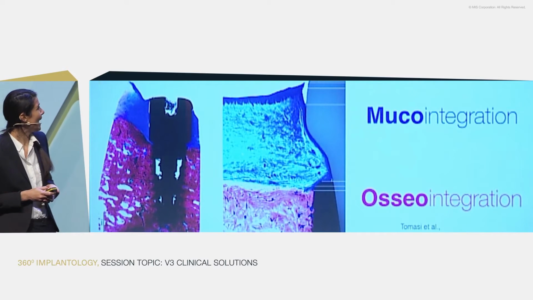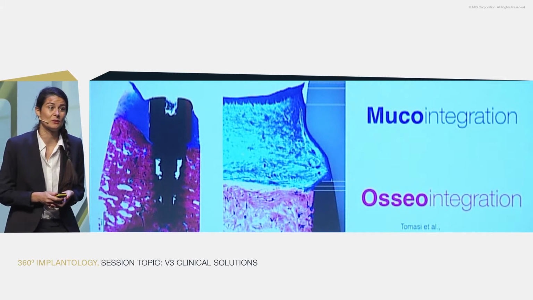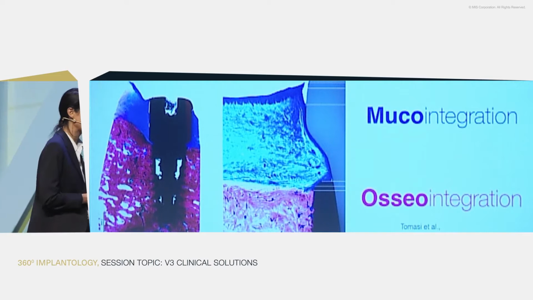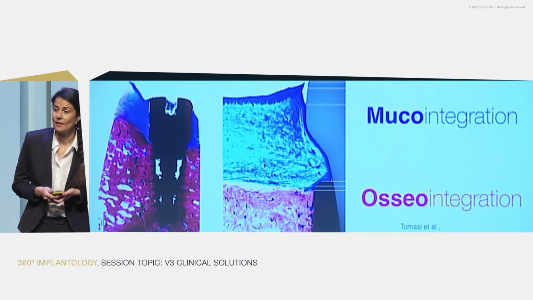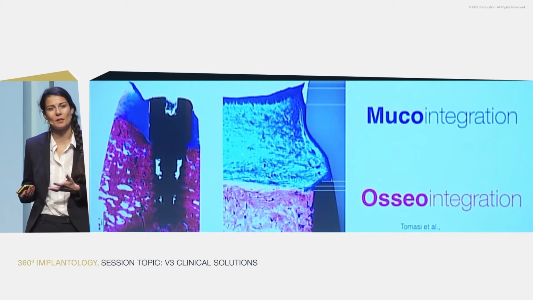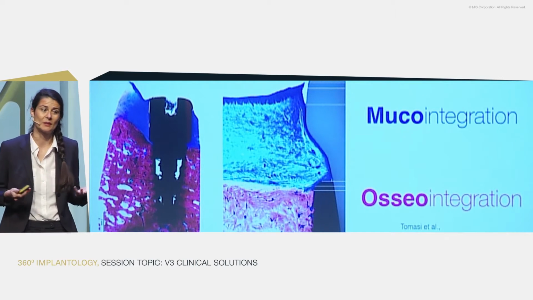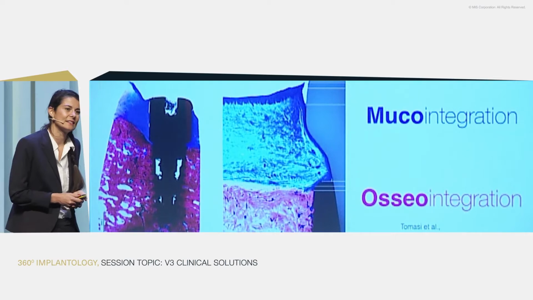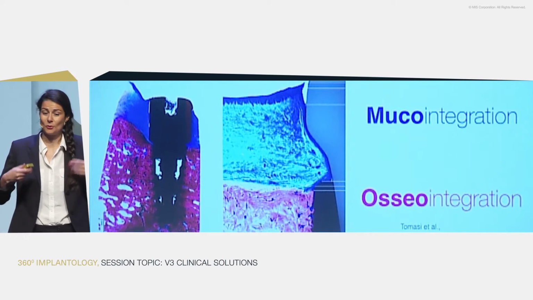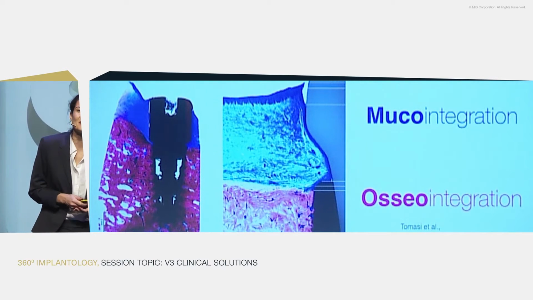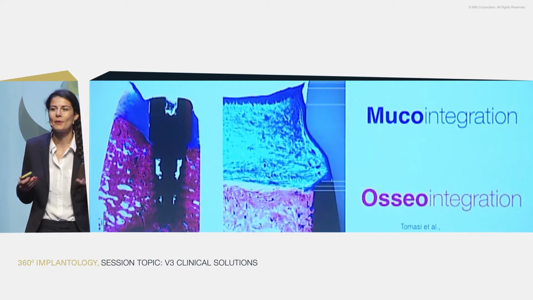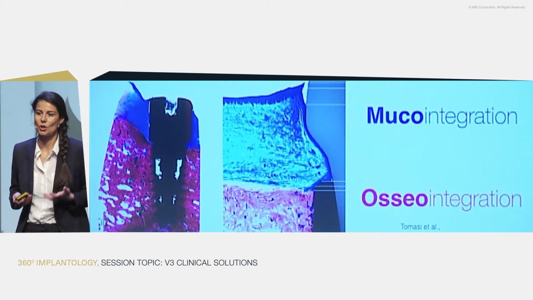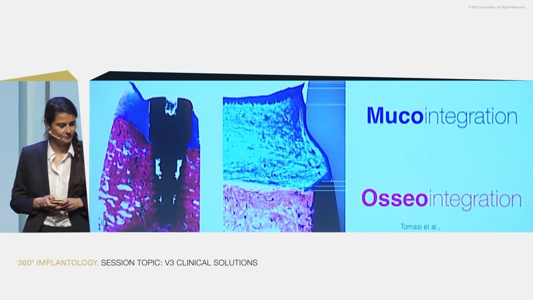And actually, I was happy to see the wonderful presentation, by the way, of Victor Clavijo that gave the prosthodontic perspective of these implant components. What I would like to do for the next 25 minutes is to discuss the biological, the periodontal aspect of such implant components.